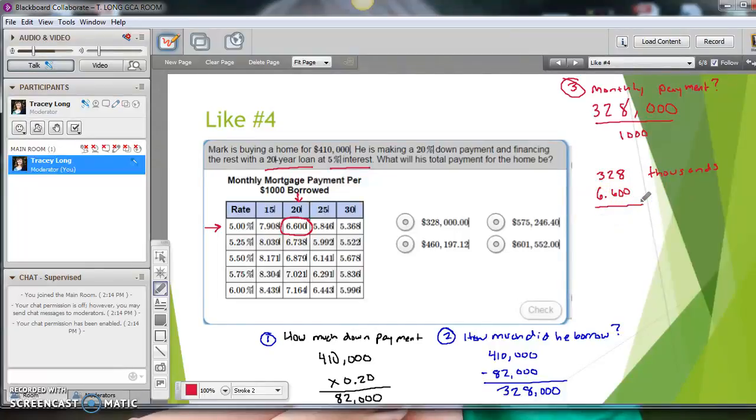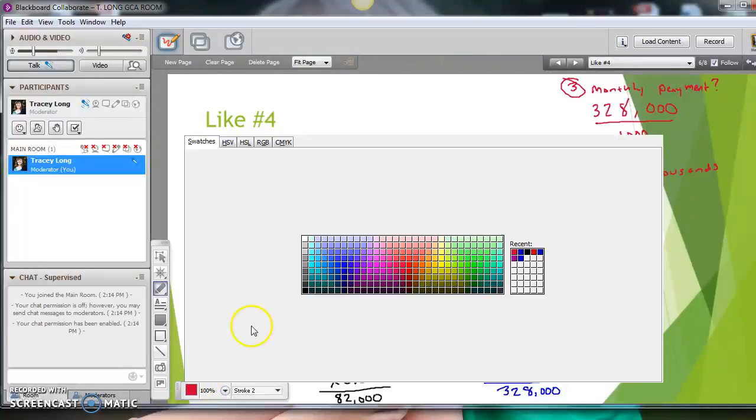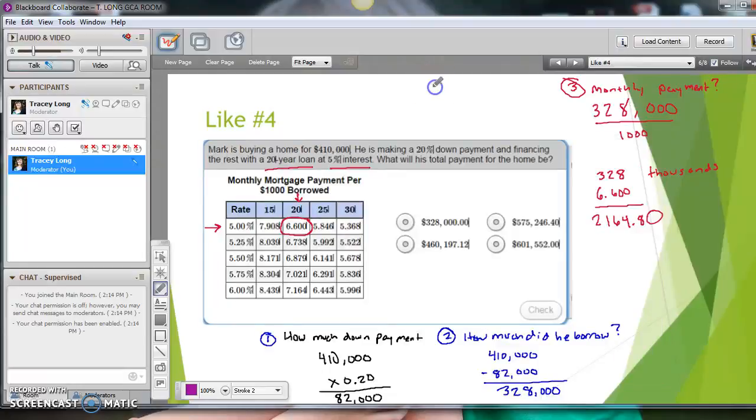So now I'm going to do 328 times, boy, there's a lot of steps to this problem, 6.6. And I find that his monthly payment is $2,164.80. Okay, so if they'd asked me monthly payment, I'd be done right there. But that's not what they asked me. They asked, how much does he pay for the house over the life of the loan? So now I have to figure out how many payments.